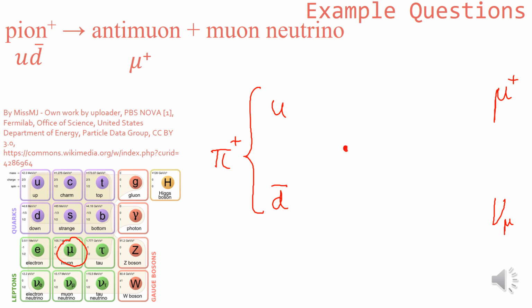Okay, so if we have a look in this interaction, we know that there'll be a vertex, so we'll draw that there. So we've got our up quark coming in. Now the arrow faces forwards because it's a standard particle, and here we have an anti-down, so we can see that the arrow is facing backwards because it's an antiparticle.